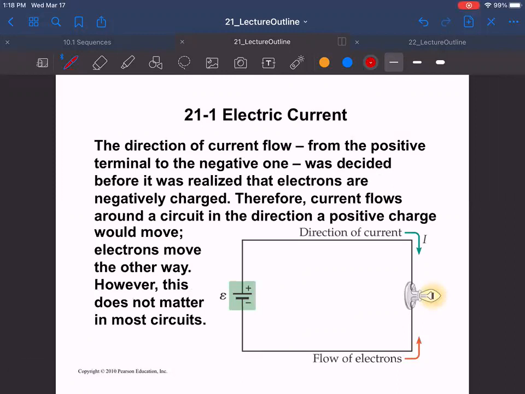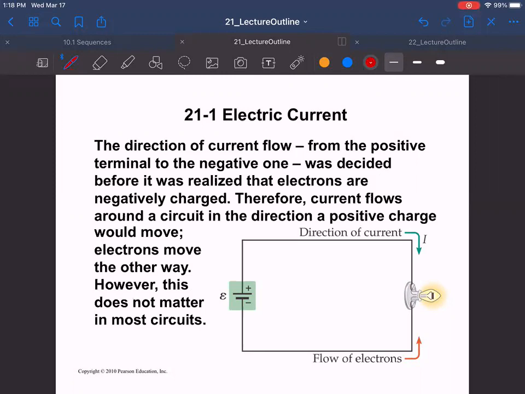However, we were so far into it, so much had been done, so many books had been written, so many things had been done with it, that by the time it was figured out that it was the other way around, we were dug in. So we basically have to worry about two things here. Makes it slightly more confusing for y'all, but it all works the same here.